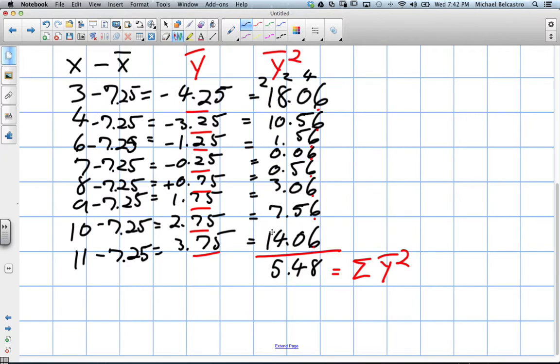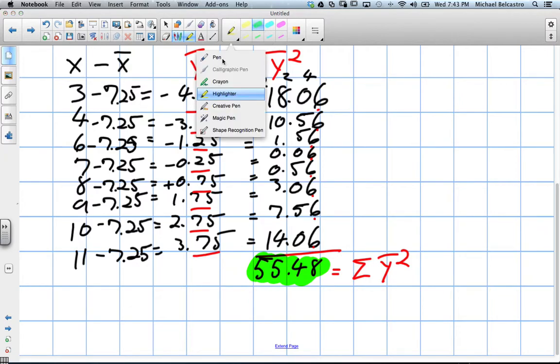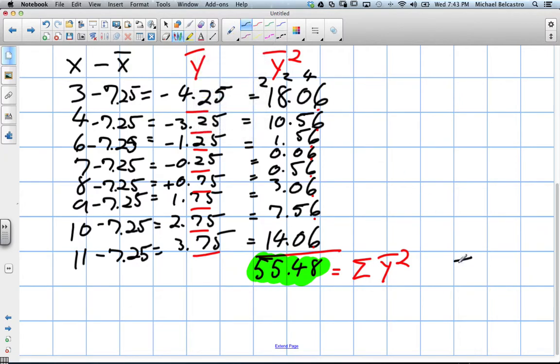That is what I think you're going to get, but just double check that. 55.48. Perfect. Then that value, we need to divide by the number that there are. So we take the sum of y bar squared and divide by the number of x values. Because there's 8, we divide this value by 8.